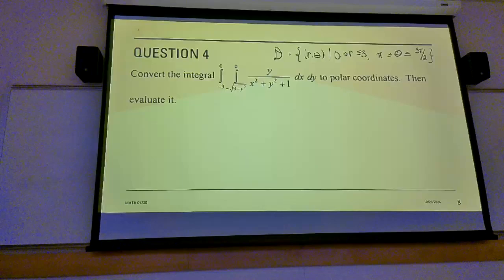Now you get to convert the integrand. r sine theta over r squared plus 1. Now, what does the x dy become? So I'm just going to write it this way.